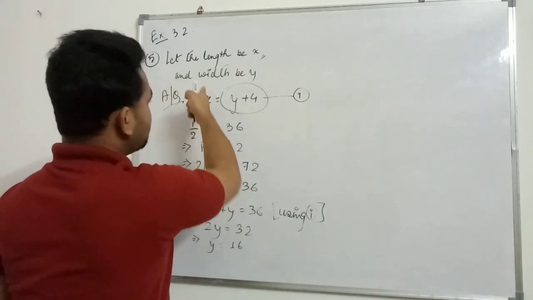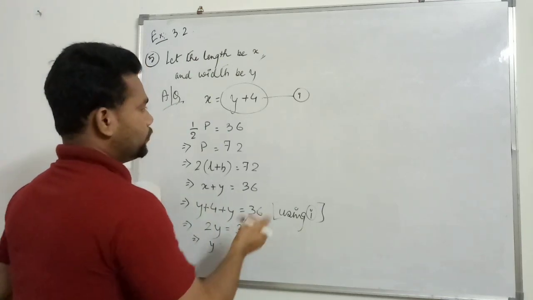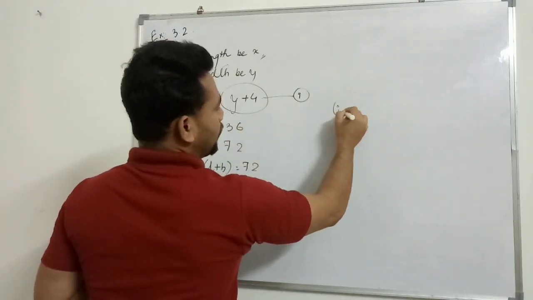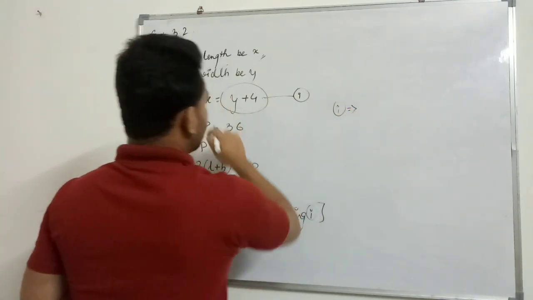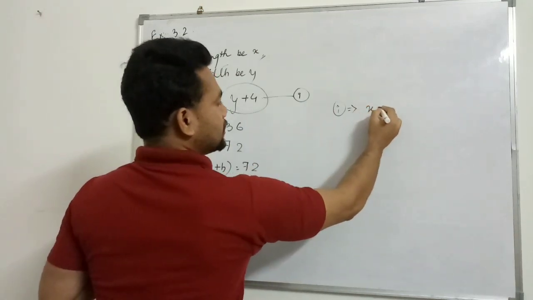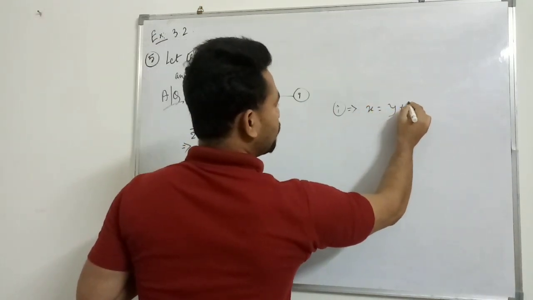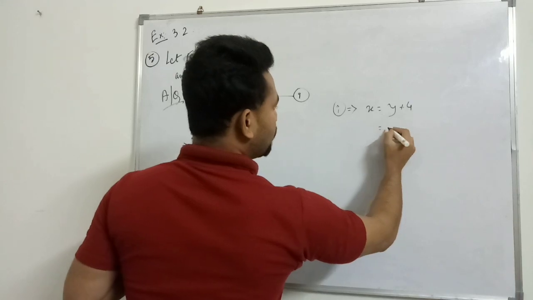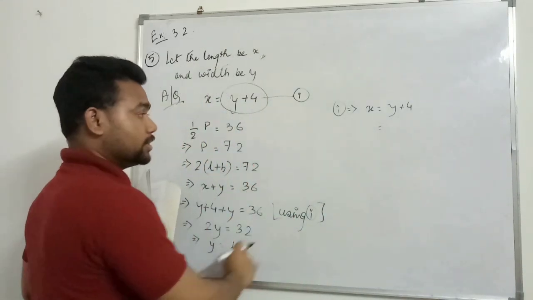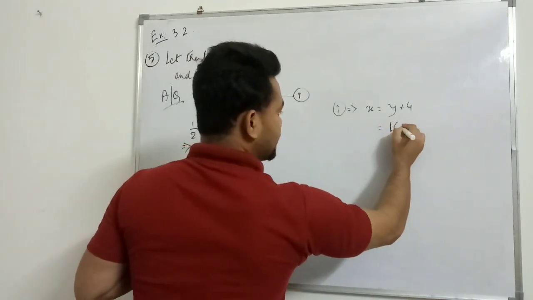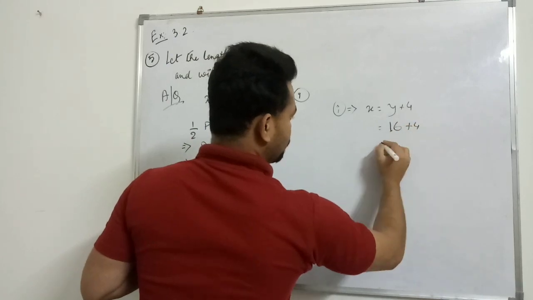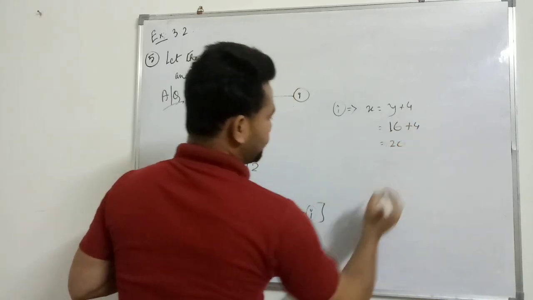y was the width, so we have finally found the width. Now from equation 1, x is equal to y plus 4. y was 16, so you put 16 plus 4, and you get 20.